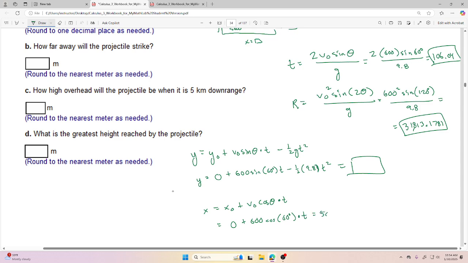And I know that my x is 5,000. So now I just solve for t. What do I do with whatever number that's going to be? Divide. Yep, you got it.